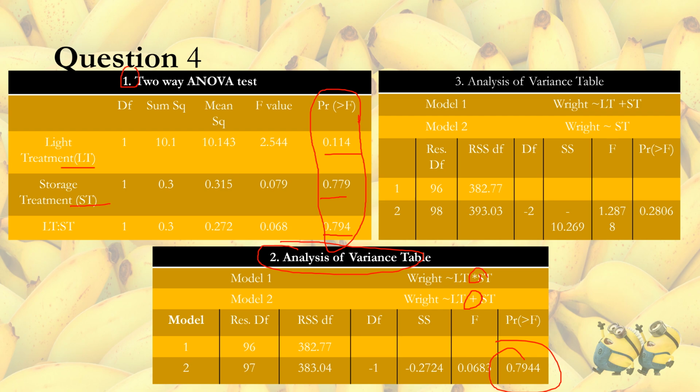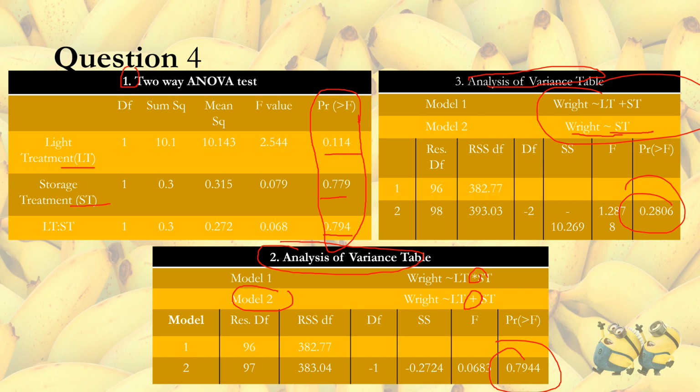So then we use this model, model 2, to compare it to another model if we take out the light treatment. So here we only have storage treatment, the effect of storage treatment on the ripeness index. And with this comparison, we have a p-value of 0.2806, which again is greater than 0.05.